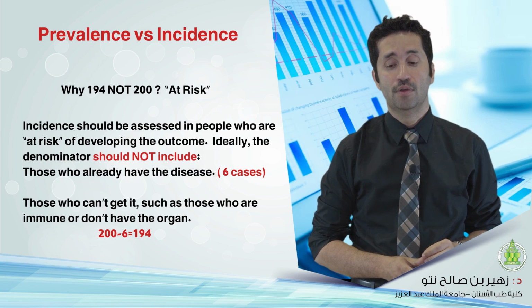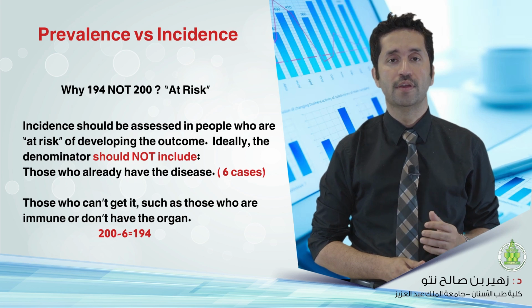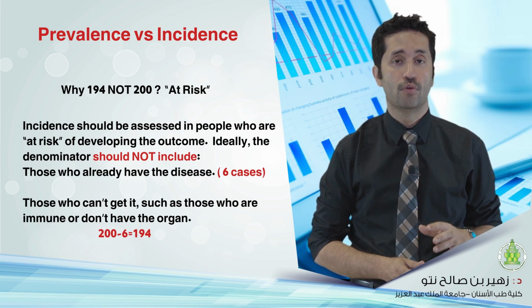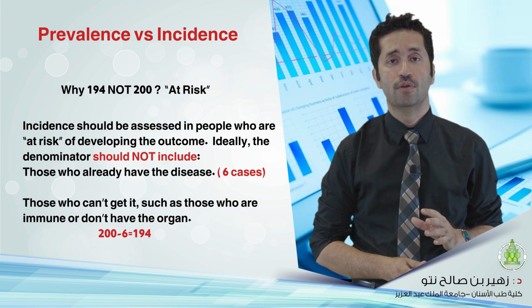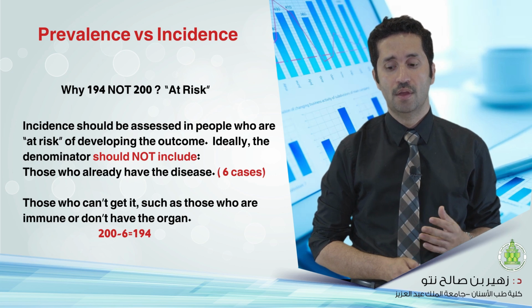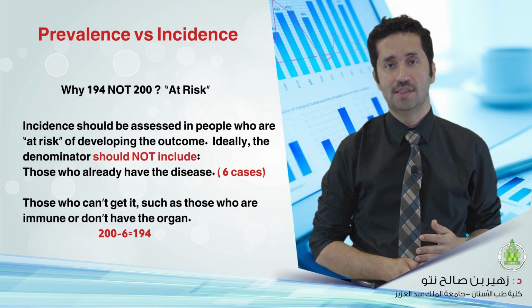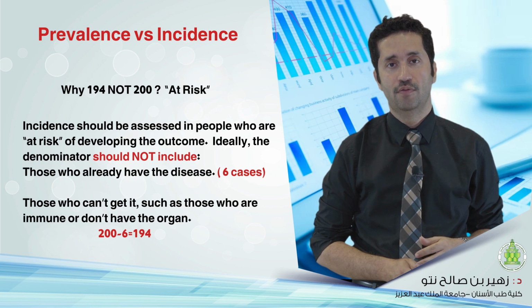Why? Because if you remember, population at risk means those who can get the disease. We exclude those who already have the disease or those who are not going to get the disease due to immunity. In this case, 6 already have the disease, so 200 minus 6 is going to be 194.